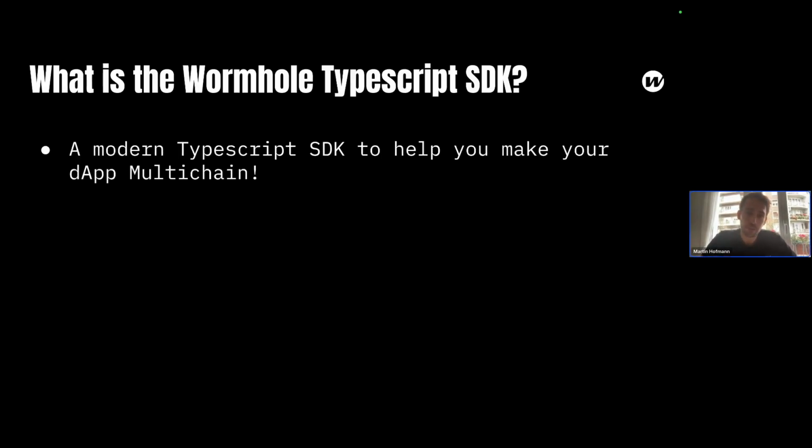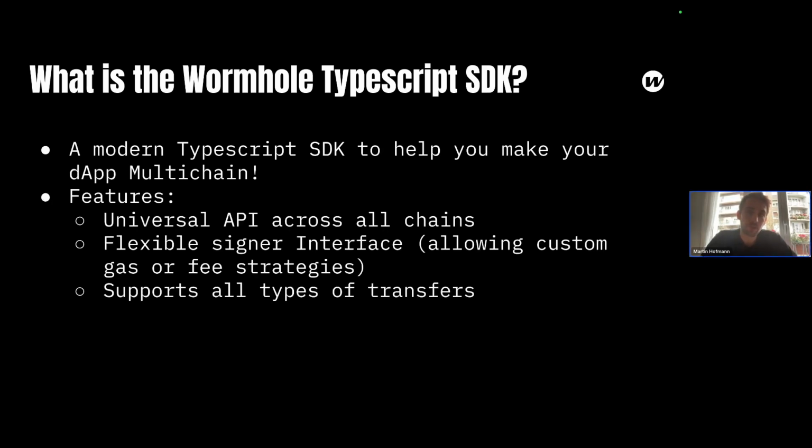So the SDK is a modern TypeScript SDK to help you make your dApp multi-chain. In my opinion, the Connect widget is if you want to start very fast and have your own Web3 application, it's a great option. With just a few steps, you can have the bridge ready to be used. The SDK is a little bit more abstract.